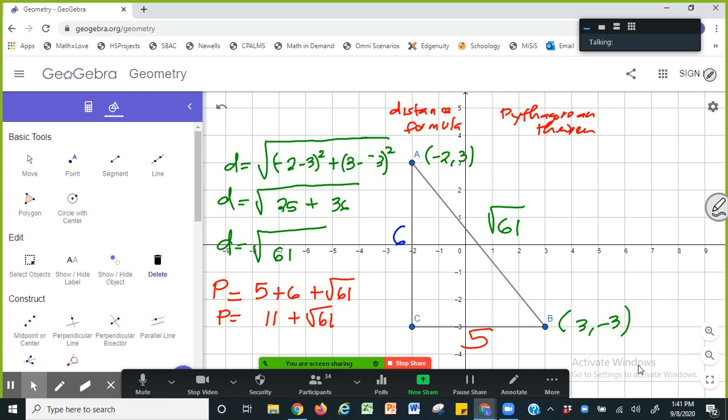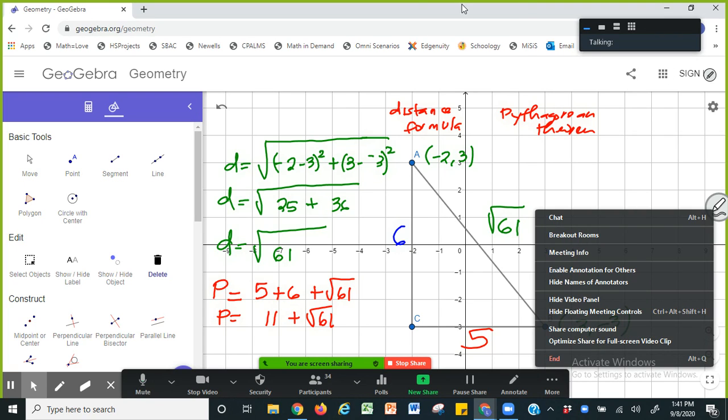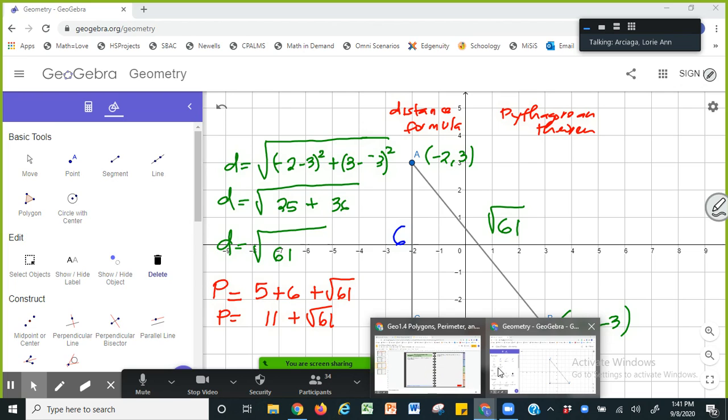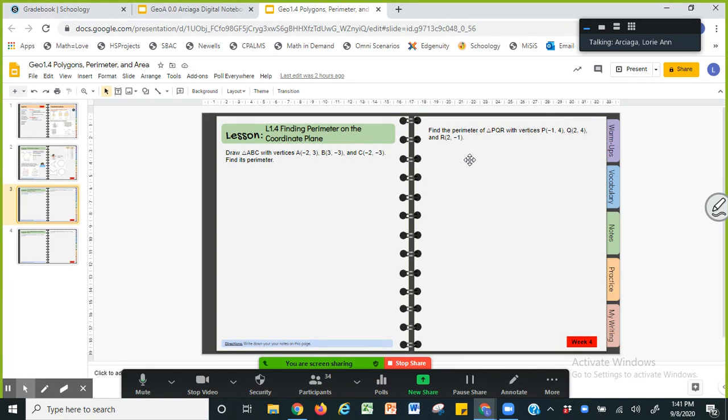Okay, never mind. Let me know when you're done. So later on, you'll have time to do this example on the other side. You will change the coordinates.